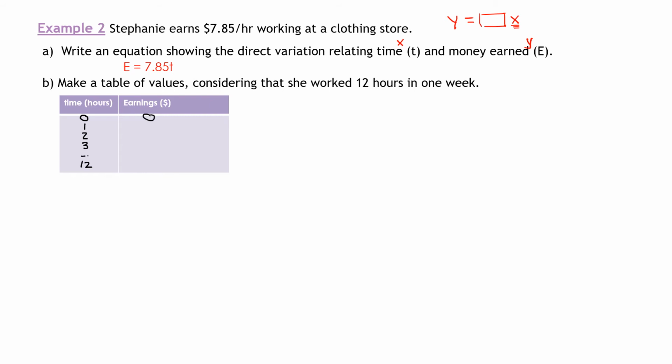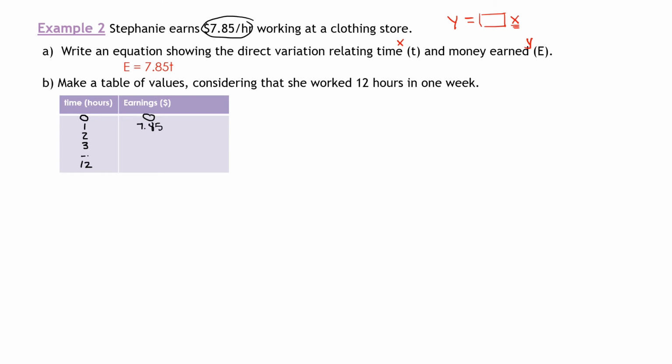What if she works 1 hour? If she works 1 hour, simply look up here, she gets $7.85 an hour, so she's only going to get $7.85. What if she works 2 hours? How are you going to figure that out? You're going to do 2 times 7.85 because she worked 2 hours.